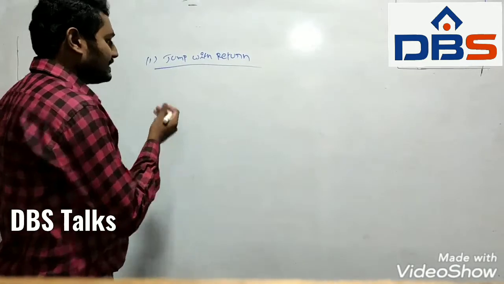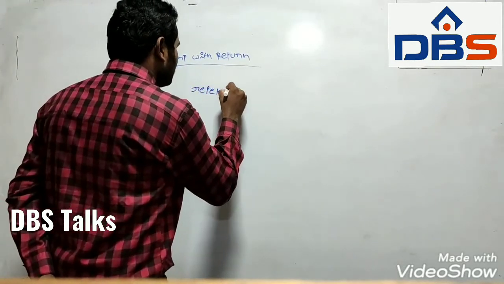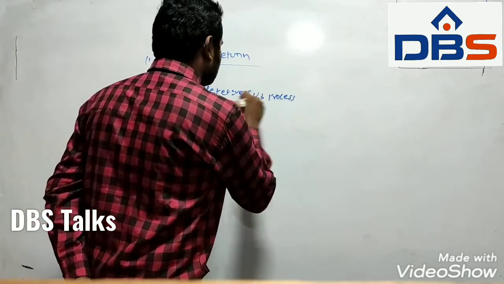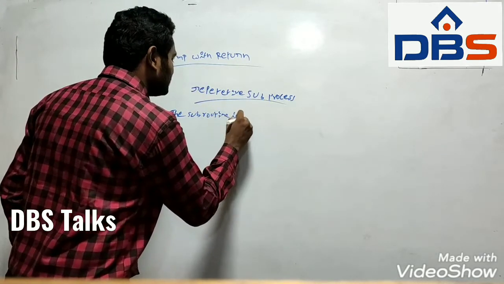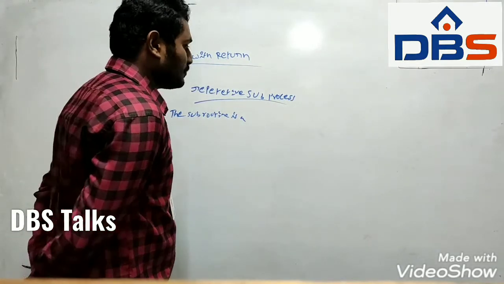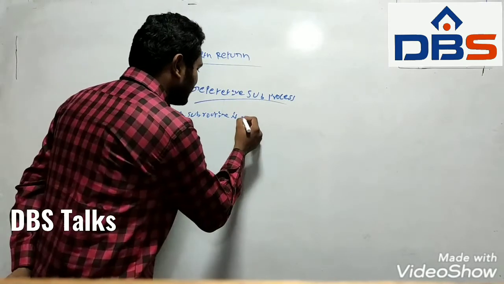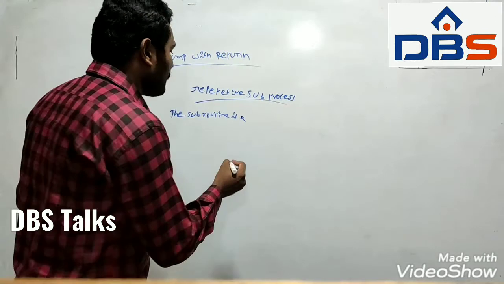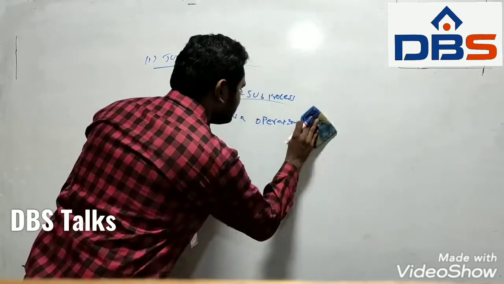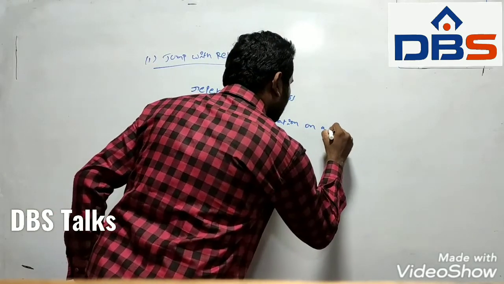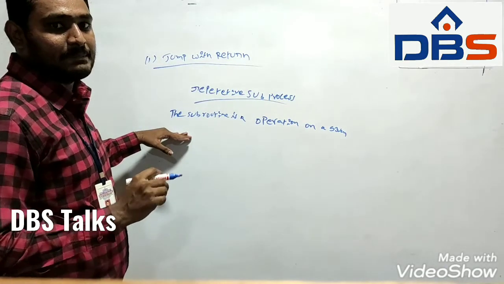Jump with return consists of a repetitive subprocess, that means a subroutine. Here the subroutine is a group of instructions written separately from the main program to perform a function that occurs repeatedly in the main program.